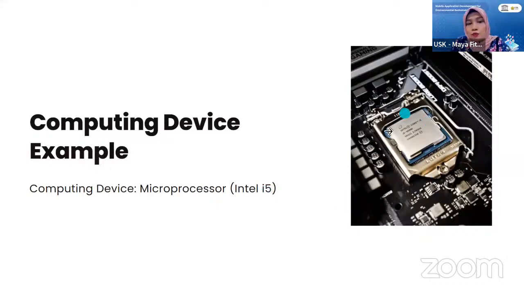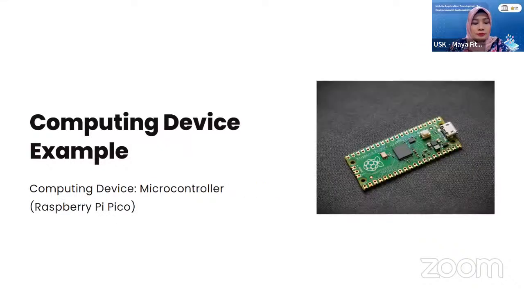And this one is an i5 that we typically use in our laptop or computer. Another example of a microcontroller is Raspberry Pico. This is commonly used in various smart devices like smart TV, oven, refrigerator, and so on.